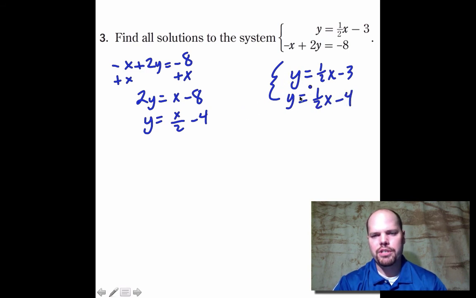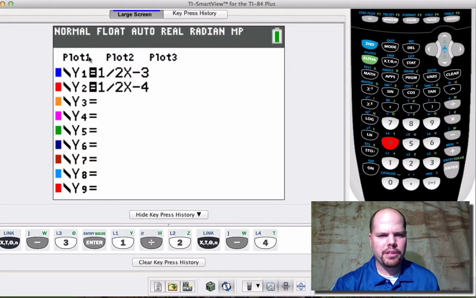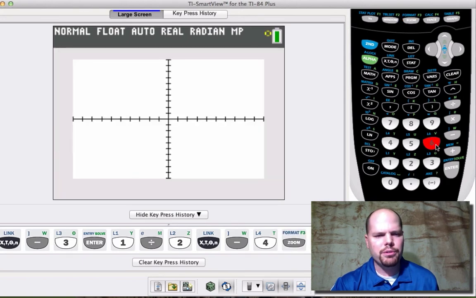And from what you know about chapter 6, you might have an idea of what these graphs are going to look like, but let's graph them and take a look at them anyways. Drag out your calculator if you want to follow along. Okay, so in your y equals, you would enter in 1/2 x minus 3 and 1/2 x minus 4. Let's get a standard window, so I'm just going to go zoom 6.